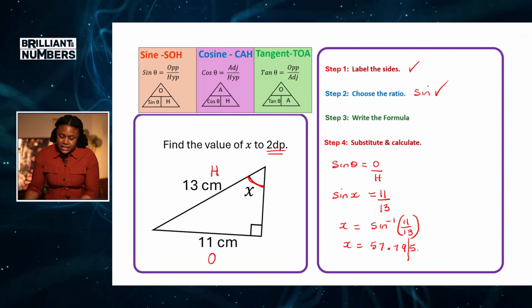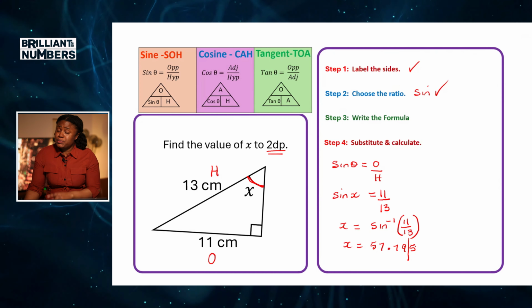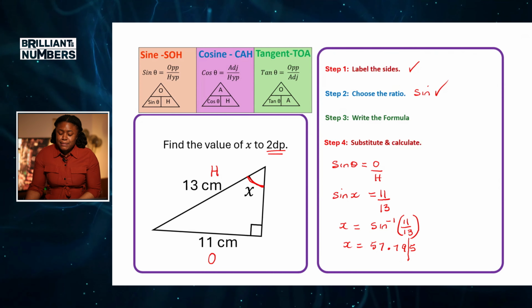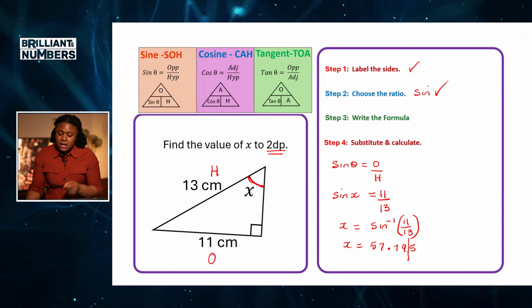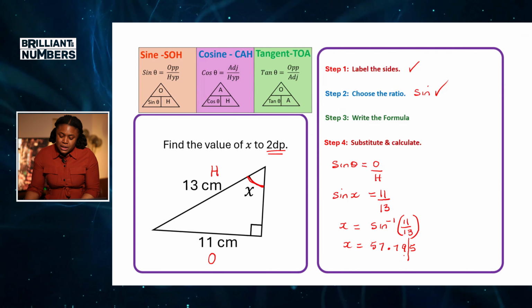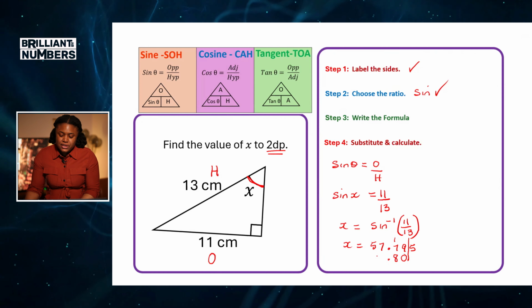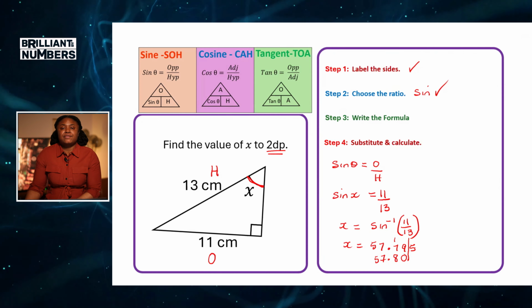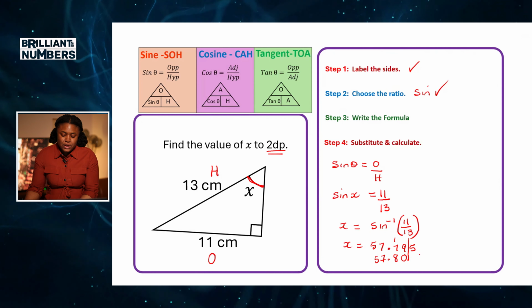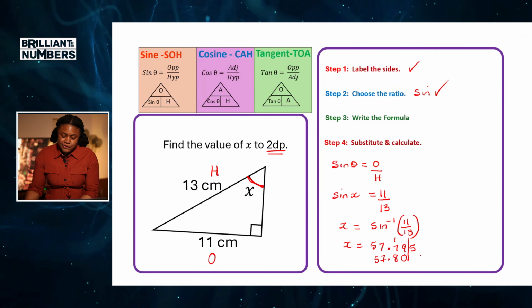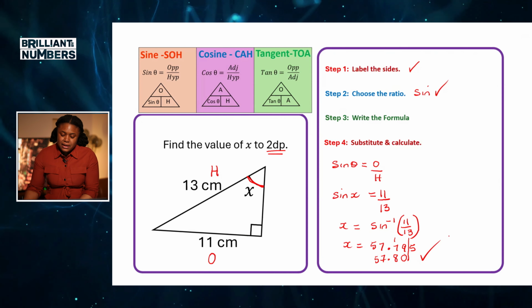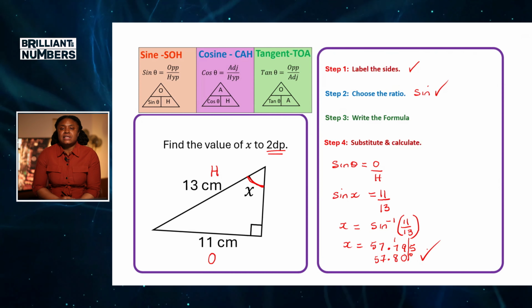However, when I check, I can see that I'm going to need to round up, but I'm going to need to add 1 to 9. Now this 9 becomes 10, and I put 1 in the other place here. So this now becomes 57.80. So therefore, that is the final value for x, and I put my degrees here because I am working out an angle.